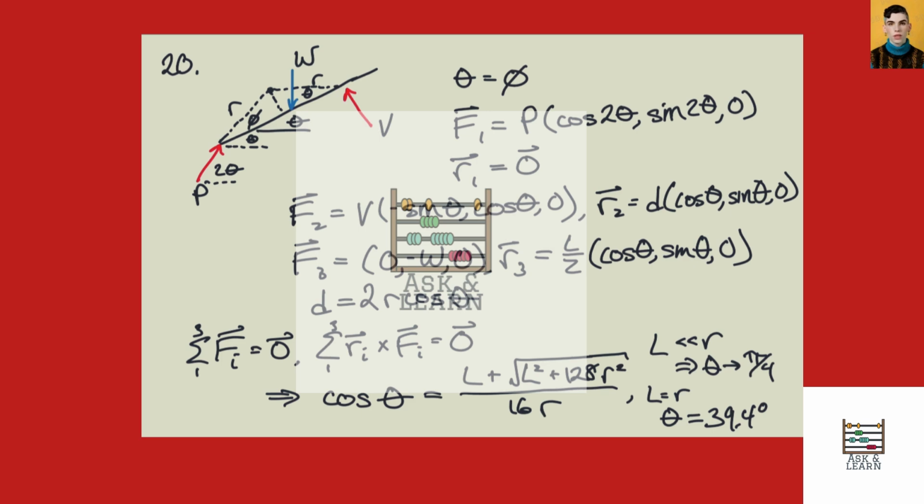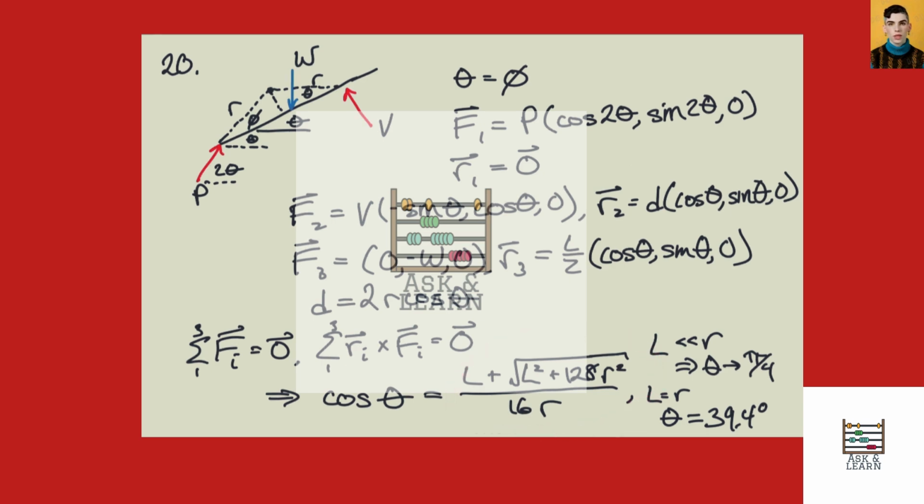But you can eliminate P and V and get a quadratic equation for cosine of theta, and then use the quadratic formula to solve for cosine of theta, and you get this expression here.